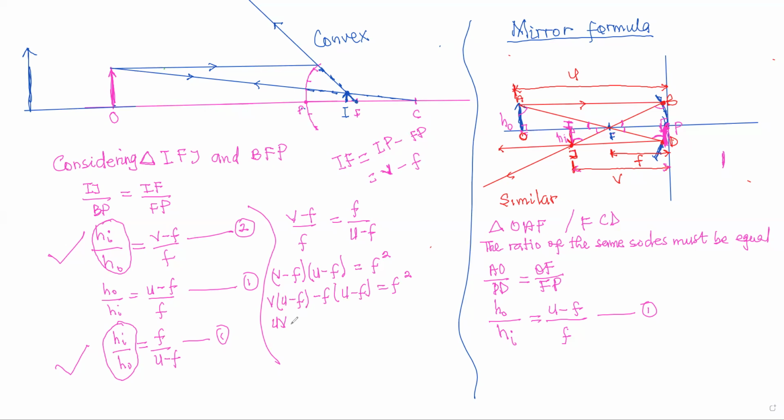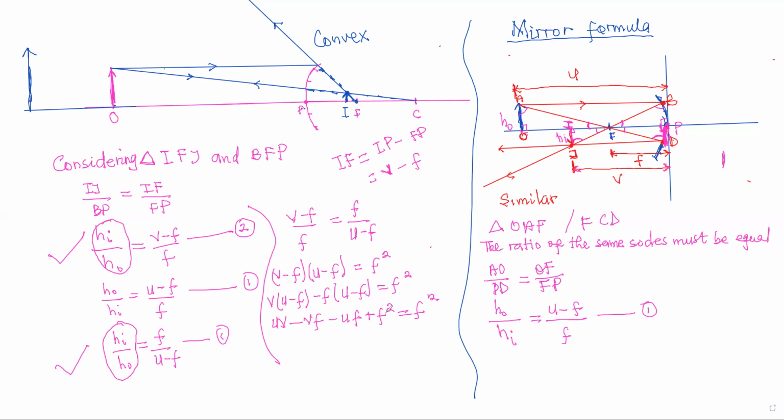Then V times negative F will be minus VF. Negative F times U is minus UF. Negative F times negative F, you have plus F squared. This is equal to F squared. Is that okay?